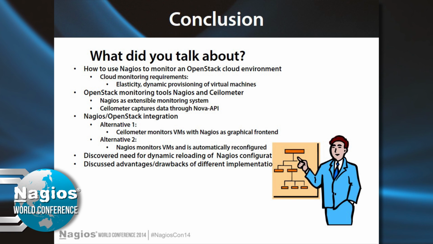And when implementing that alternative, we have seen that there's a need for a dynamic reloading of the Nagios configuration, and we have discussed the advantages and drawbacks of some different implementations.